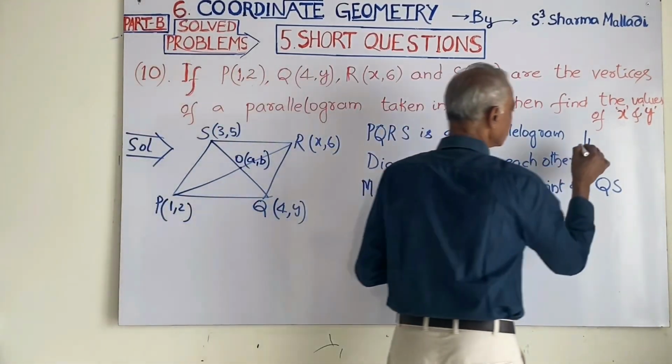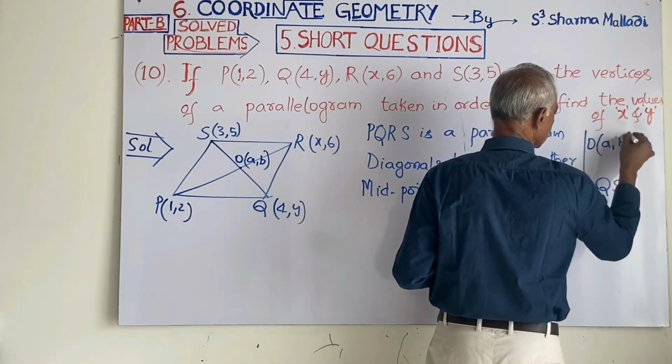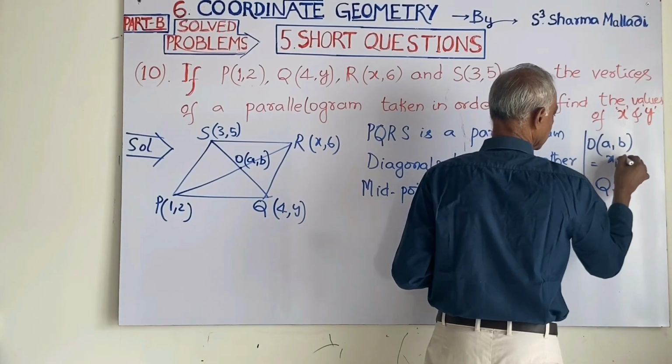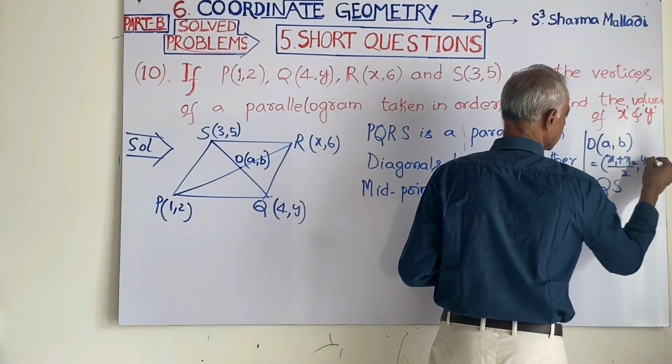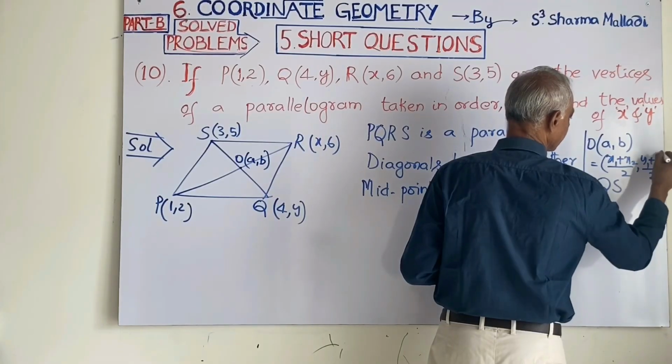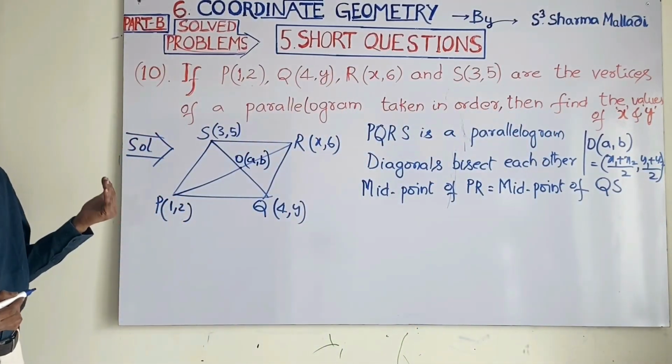What is the formula for midpoint? The midpoint is ((x1 plus x2) by 2, (y1 plus y2) by 2).